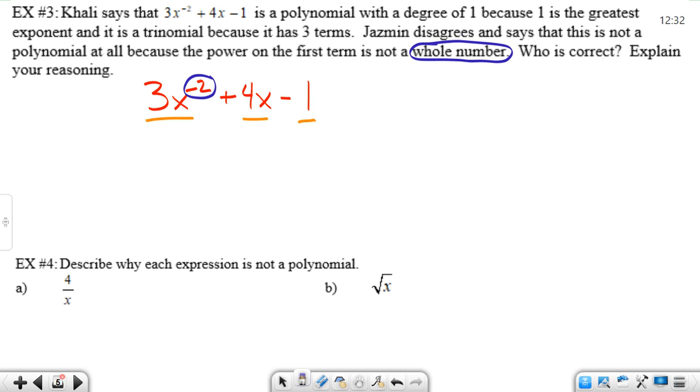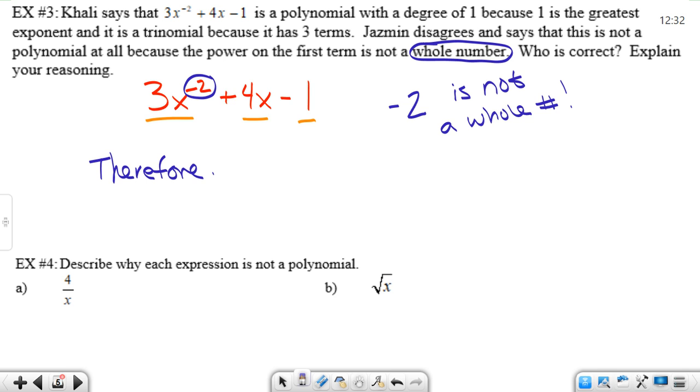Guys, -2 is not a whole number. It is an integer, but it's not non-negative. So therefore, Jasmine is actually correct here.